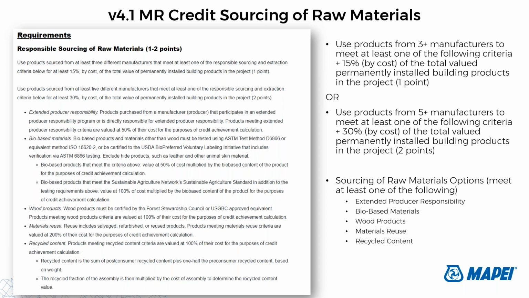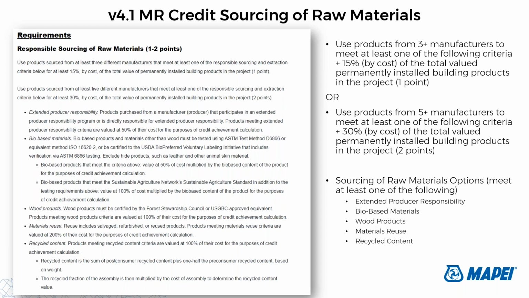The extended producer responsibility is a criteria under this credit. It refers to products purchased from a manufacturer that participates in a take-back program, as an example. So carpet manufacturers have take-back programs for carpet, in which they recycle their materials into the manufacturing process and create new carpet products based on what was returned to them.